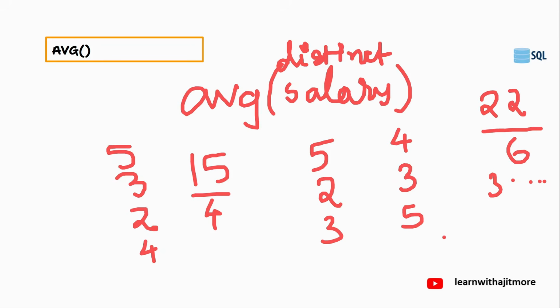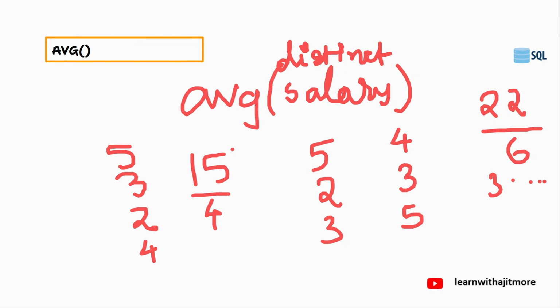Actually, where will the distinct keyword be used for average and sum? I'm not getting where they are actually using the distinct keyword for analysis. Yeah, it depends on the data set, what the data set is given for analysis.